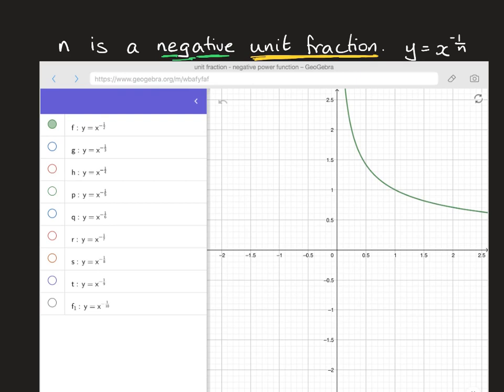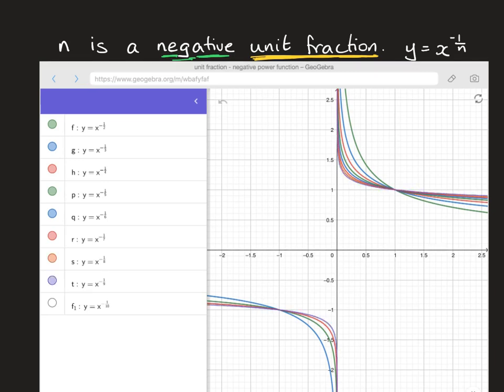So that is x to the power of minus a half. This is to the power of minus a third. You get two arms. This is to the power of minus a quarter, minus a fifth, minus a sixth, minus a seventh, minus 1/8, minus 1/9, and minus 1/10.